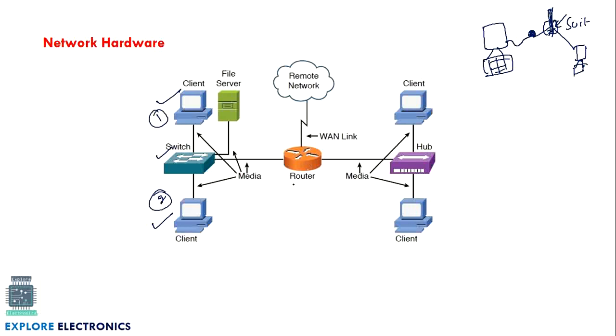From there we will have a router. There will be a huge network where the wide area network link is coming to the router. This router is connecting to a switch to give access to different systems. Minimum connection will be in the switch, and then a router. Then we will have a connection to the switch through a file server also, and there is a hub where the two routers are going to be connected, or it will also be connected to a client.